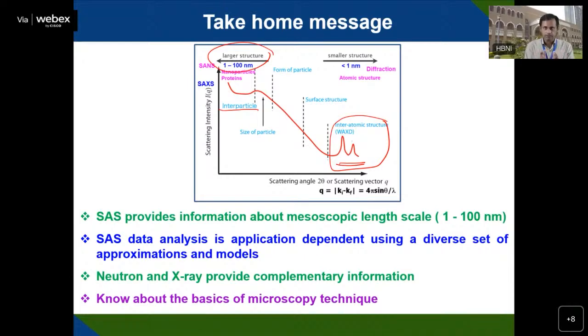To make the structure invisible or visible, you choose a particular concentration or solvent where the matrix is unable to show the structure. Both neutron and X-ray are complementary techniques, so they give complementary information. For neutrons, scattering length density decides the scattering properties, whereas for X-rays, electron density decides the scattering capability.